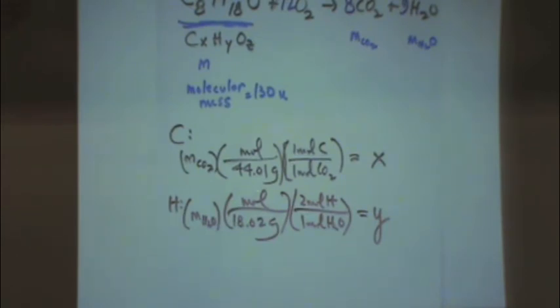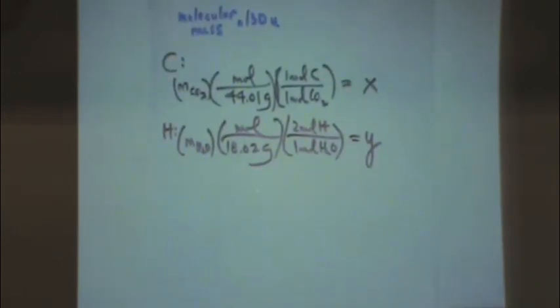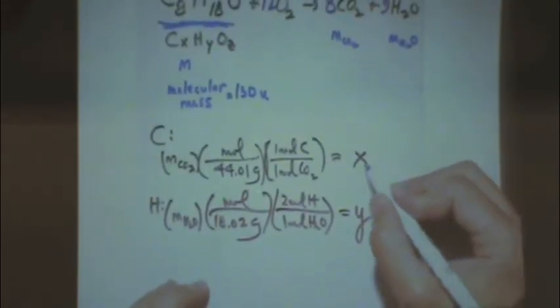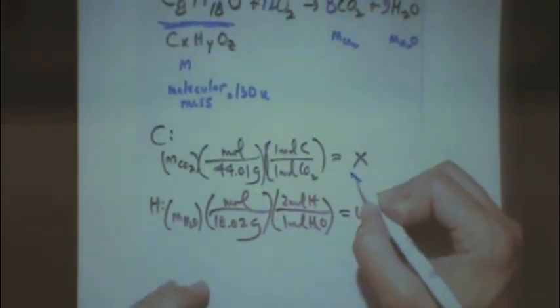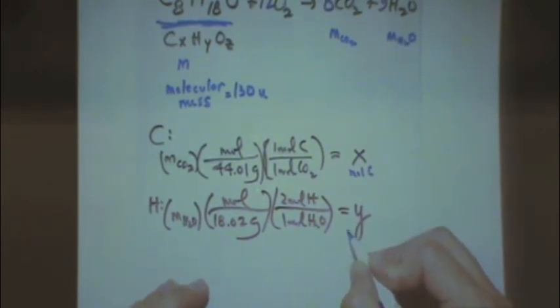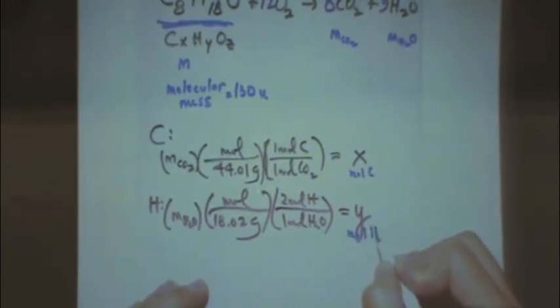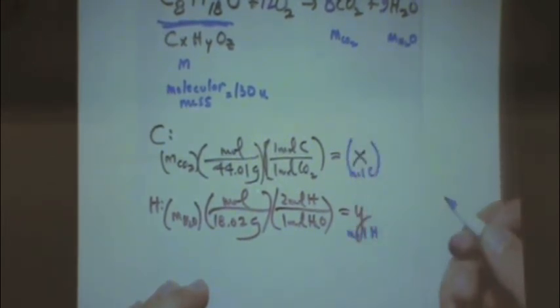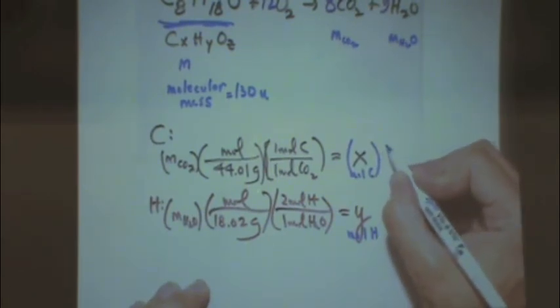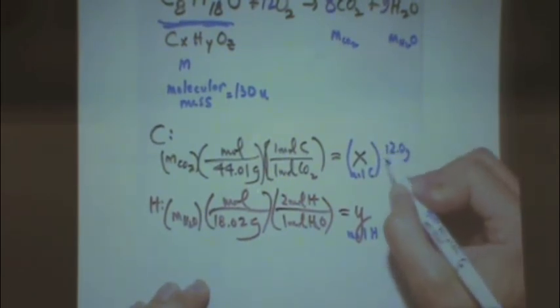To get Z, remember there's not always oxygen in your original molecule. There is sometimes. In the case where there is, then you have to do the following. Let's get a different color. Oh, I'm going to run out of colors. Okay. I would need to change this. Remember, this is the moles of carbon, and this is the moles of hydrogen. I would need to take one more step here and change this to grams, 12.0 grams per mole.